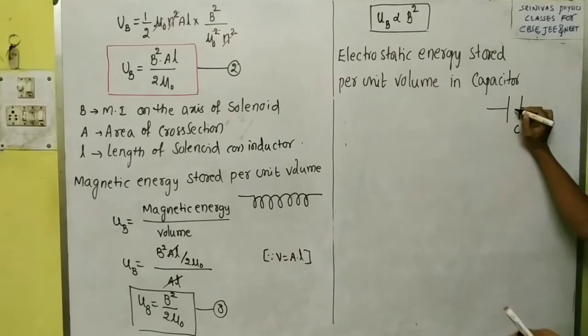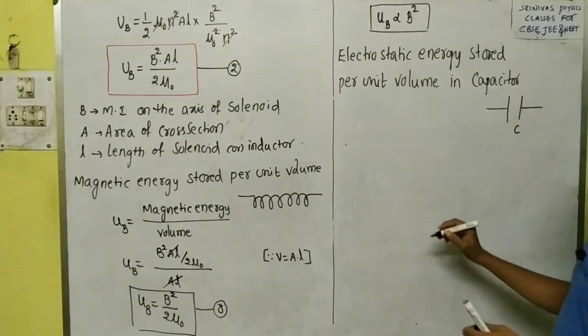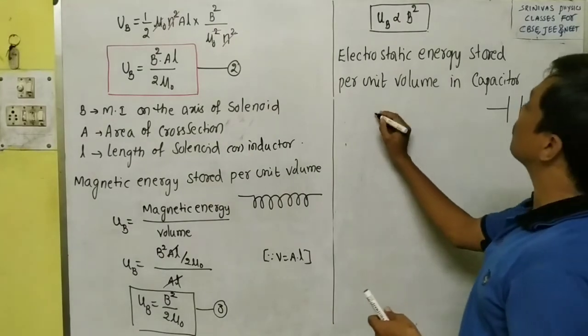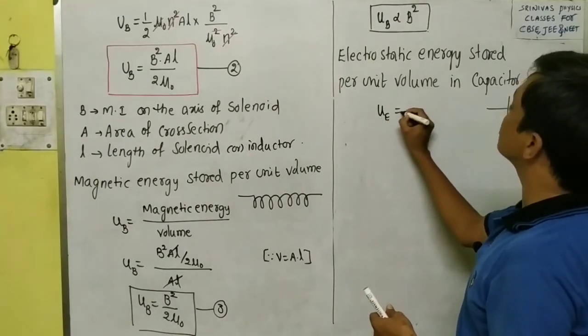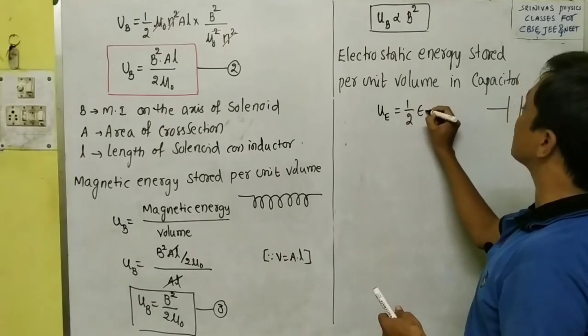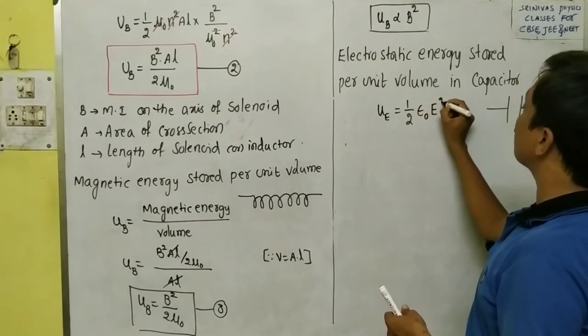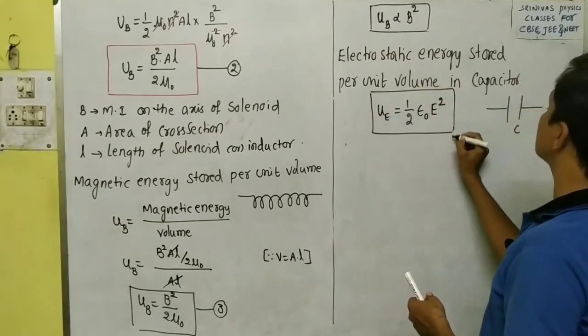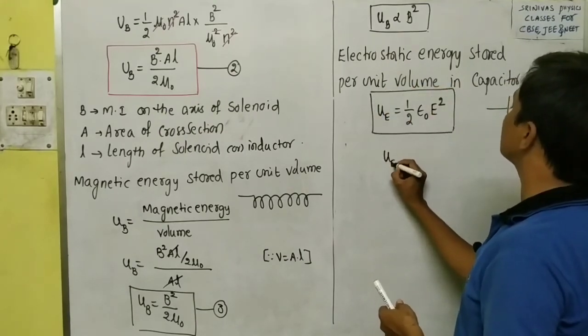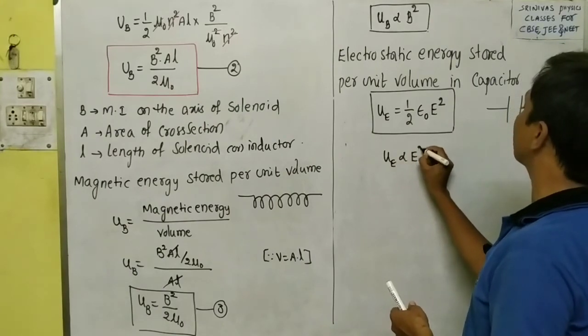If the space between the plates is vacuum, the electrostatic energy stored per unit volume is u E equal to half epsilon naught E square. From this we write that the electrostatic energy is proportional to the square of the electric field intensity.